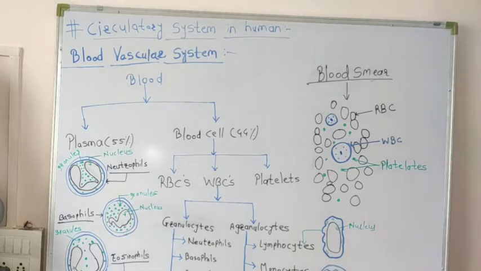And this plasma is basically fluid and blood cells are the cells. This plasma and blood cells can be separated by the centrifugation method.